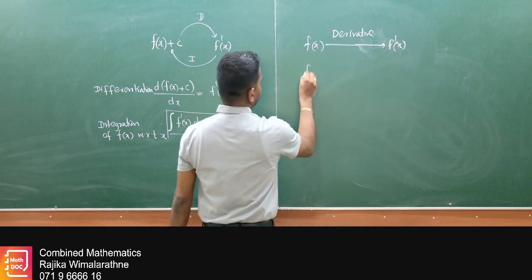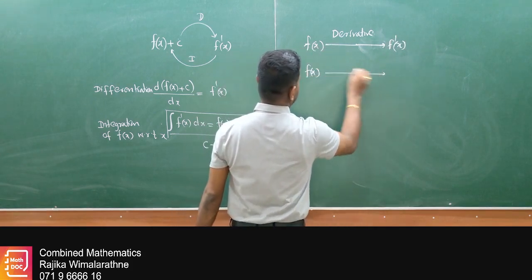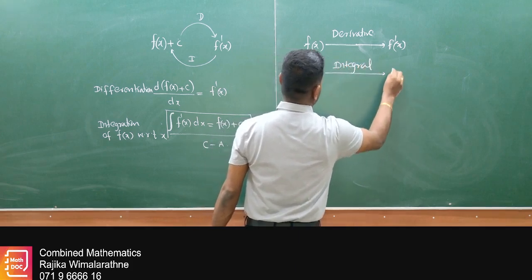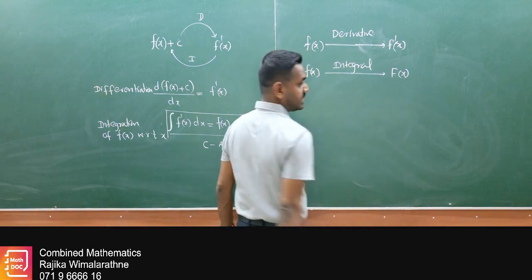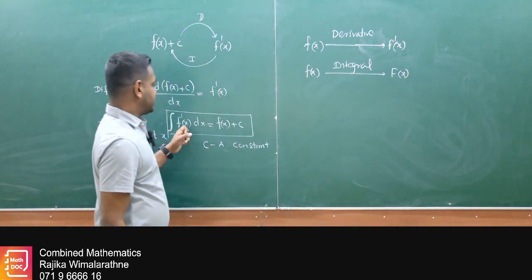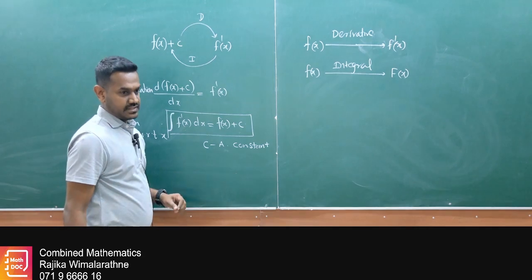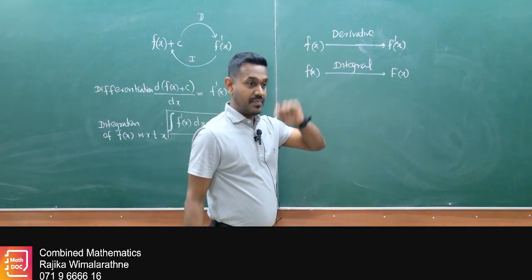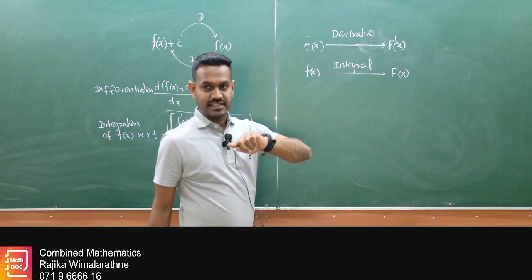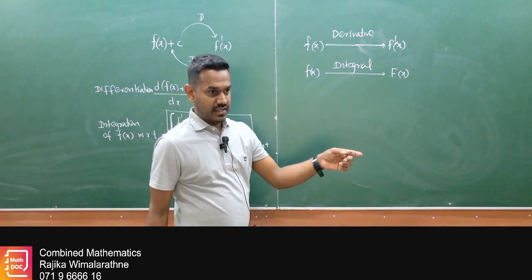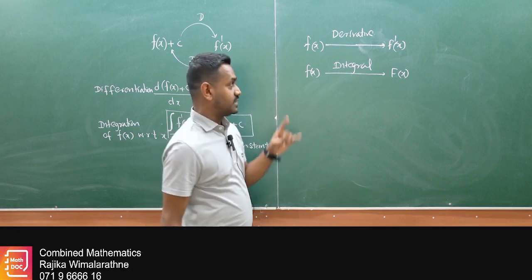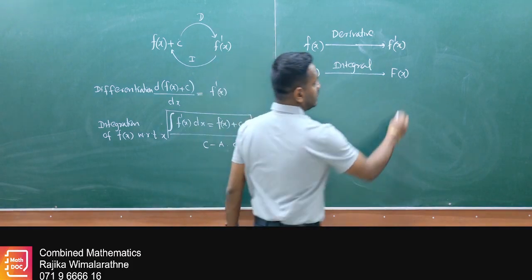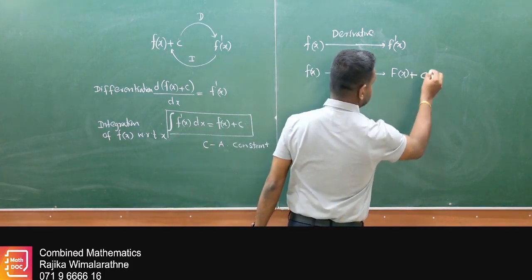Similarly, the integral of f(x) we call capital F(x). These are just notations. Then the integral of f dash x we say is the function f(x). But the integral of f(x) we say is capital F(x). But if we don't know that as a derivative, then the integral of f(x) you write as capital F(x) plus a constant c.